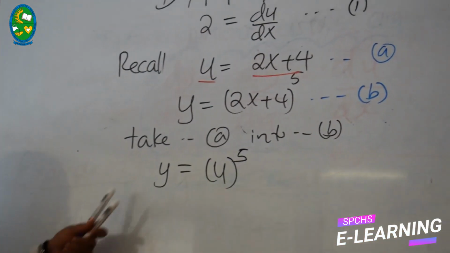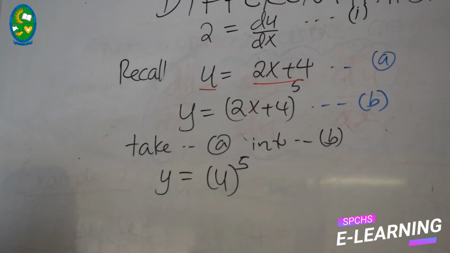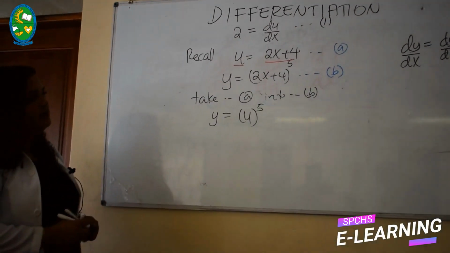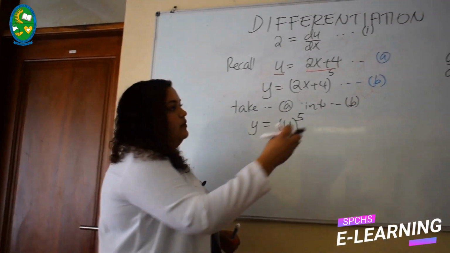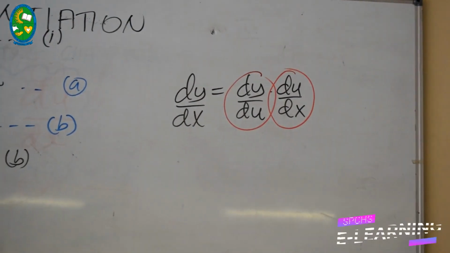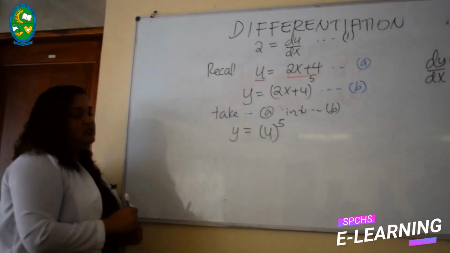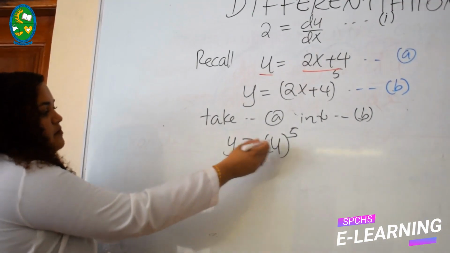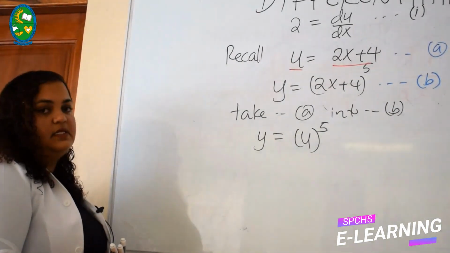So this gives me a different equation. Now I need to use this equation to find the remaining part of the chain rule, which is dy du. So differentiate both sides, but in this case, differentiate y with respect to u and not with respect to x.